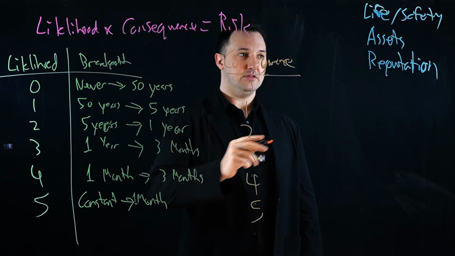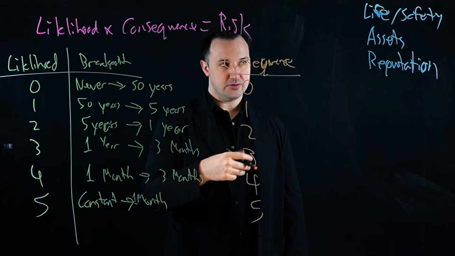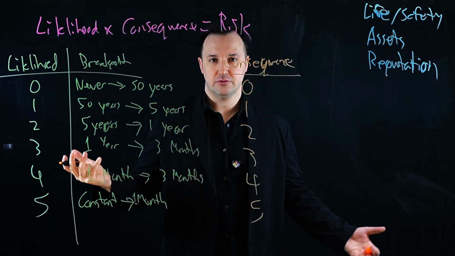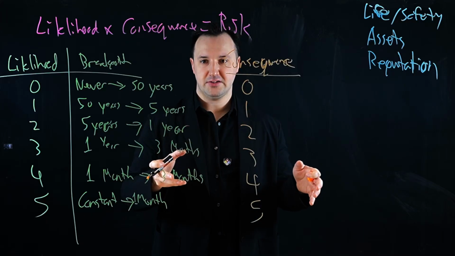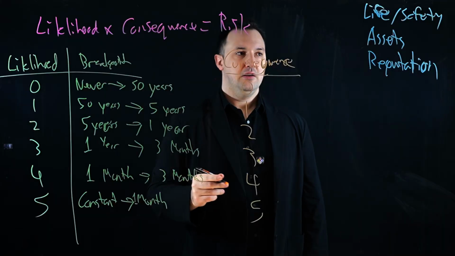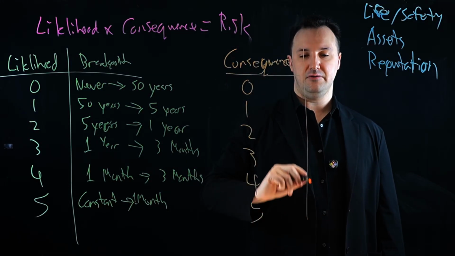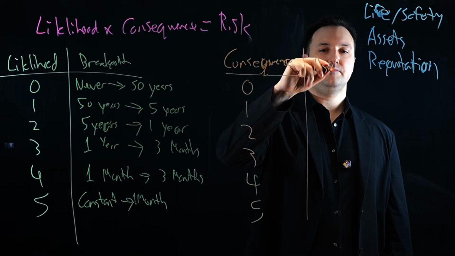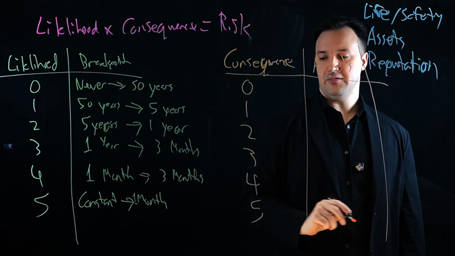For many businesses, assets are going to be the easiest thing for them to quantify because they're going to do it based on a financial number, some amount of money lost due to money plus assets combined, whatever. So for an assets version, let's have consequence and then we can have assets, and we could extend this further later, but we have assets here.